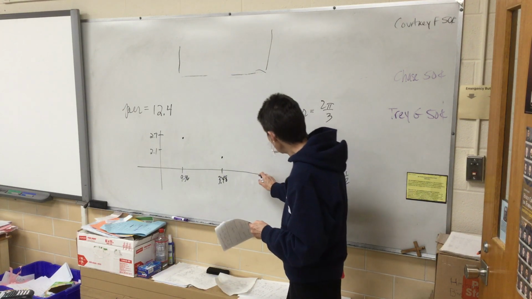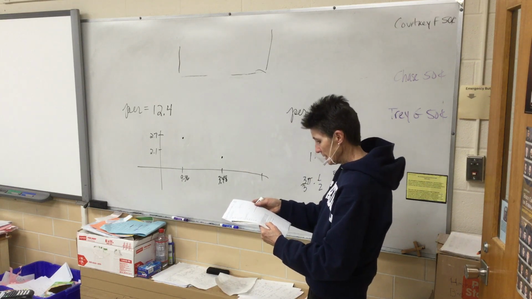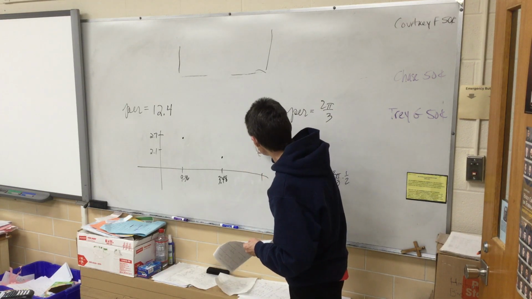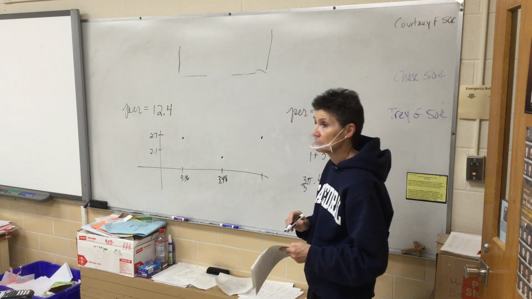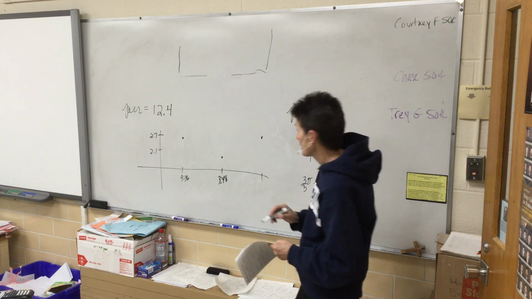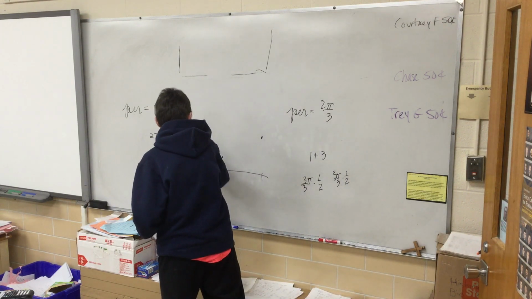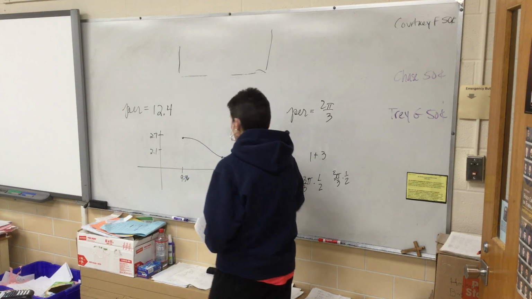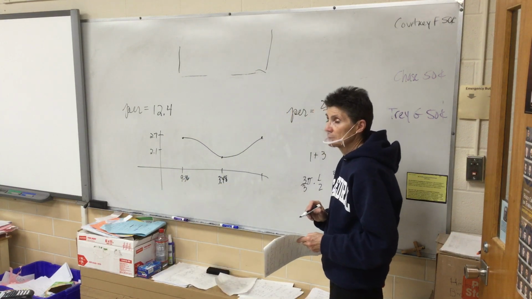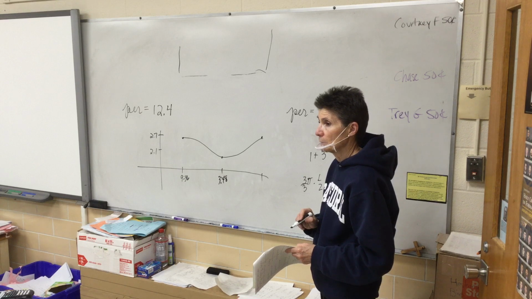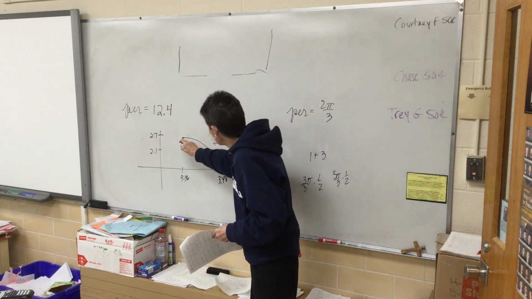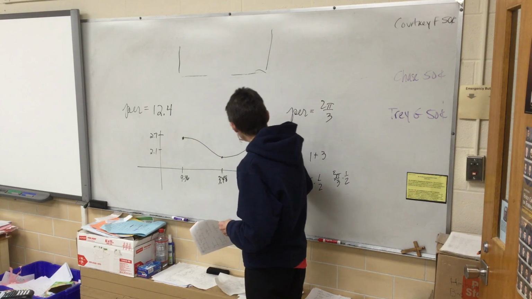And then would you agree at some point it's going to get back to 2.7? And if I drew it, it might look something like this. And how long is it from here to here?